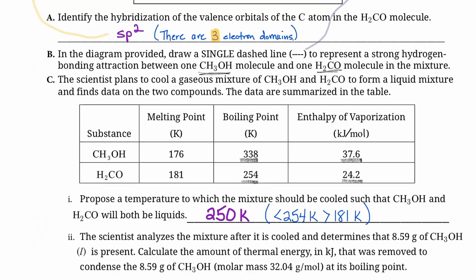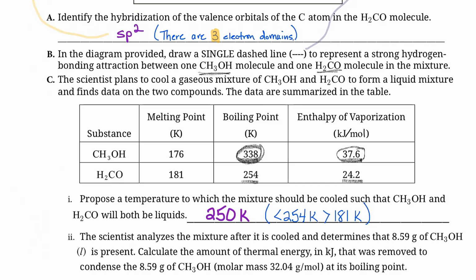What I mean by that is it takes more energy to separate this liquid into a gas, and so the ones that require more energy to boil require more energy to vaporize. The same kind of concept. So enthalpy of vaporization is actually the energy needed to separate from a liquid to a gas at its boiling point temperature, and this one, of course, is an indication of that as well.